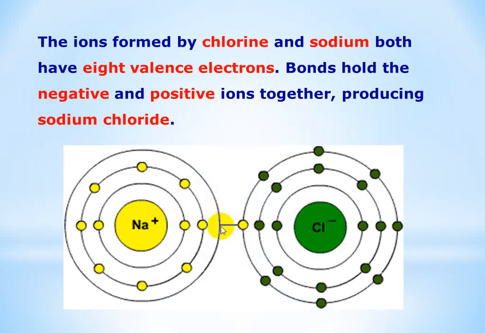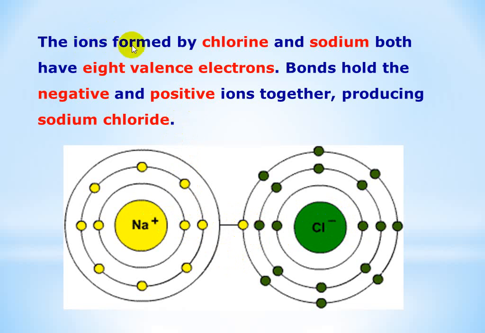Sodium has 1 electron in the outermost energy level, and the chlorine needs an electron. So this electron is transferred from sodium atom to chlorine atom. Sodium atom becomes positive and the chlorine atom becomes negative. Sodium loses and the chlorine gains. So positive and negative, we know that positive charge and negative charge attract each other. So they form an ionic bond.